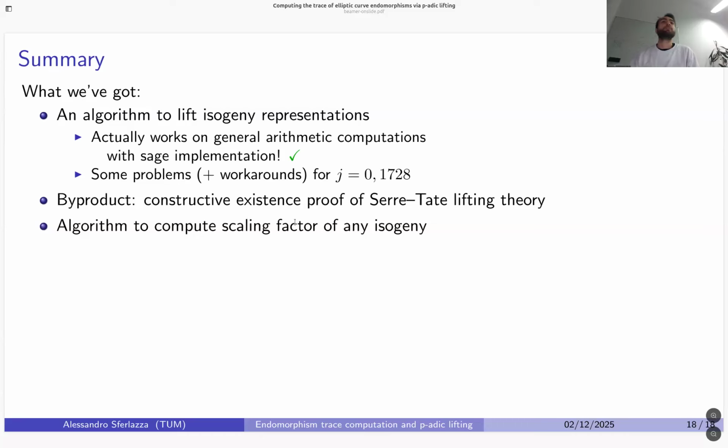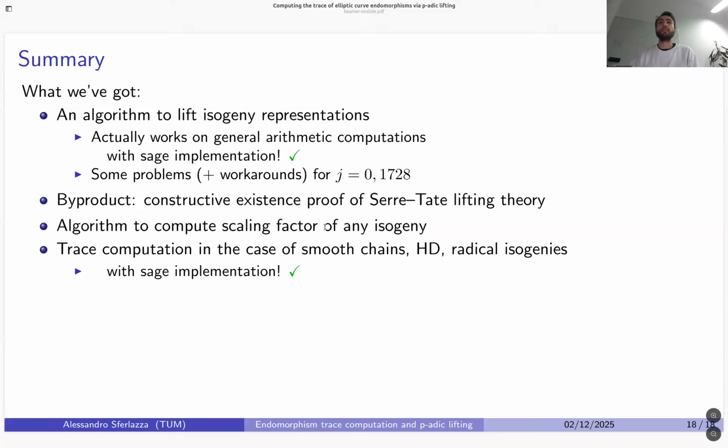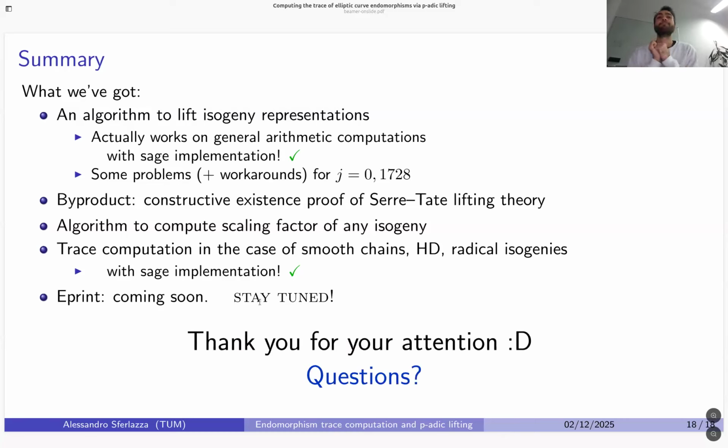We got a trick to compute scaling factors, and we got an algorithm to compute traces, which we are also implementing in Sage with the hope to put it in the Sage library pretty soon. And yeah, that's it. The preprint will come at some point, so keep looking for that. And thanks. That was it.